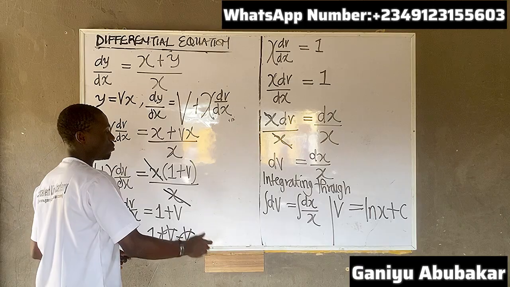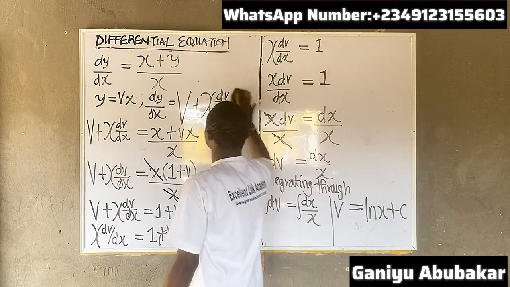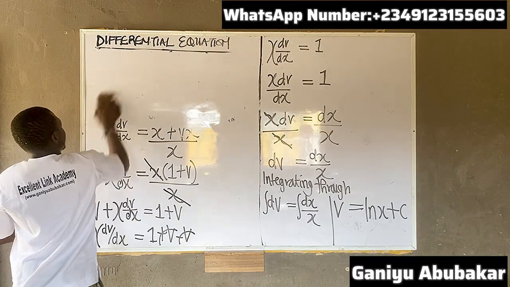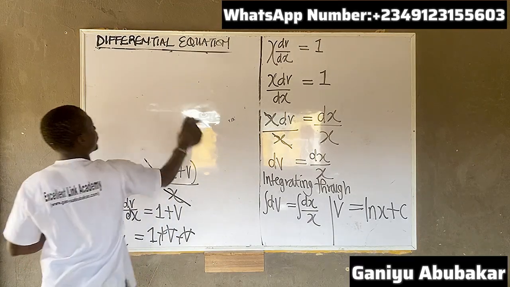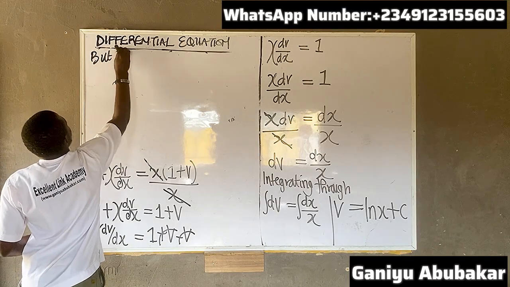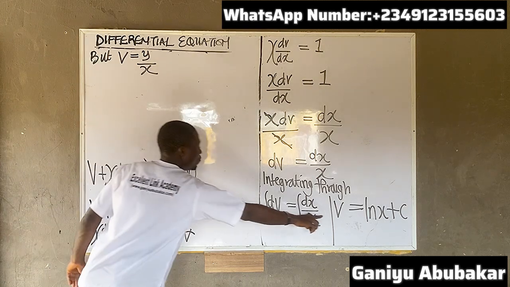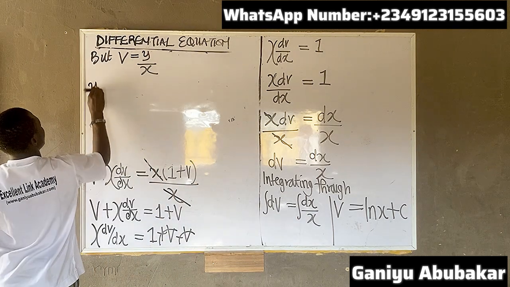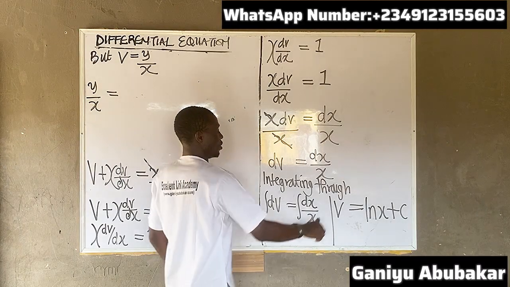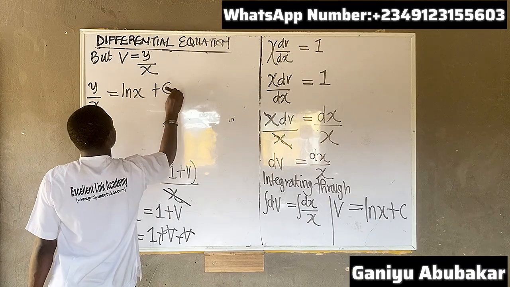From here, let's proceed. We want to make y the subject. But we said that v is what? y over x. So this gives you y over x is equal to ln x plus c.